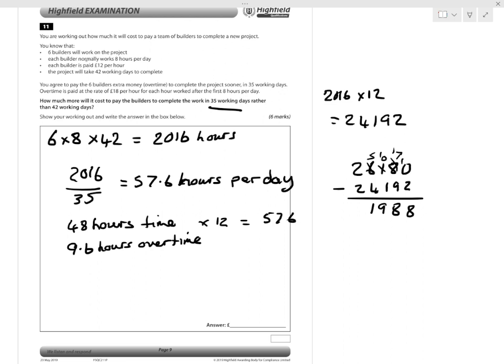And then we're going to have 9.6 hours of overtime a day times 18 quid. So 9.6 times 18 is 172.80.